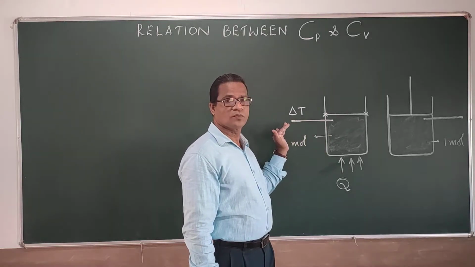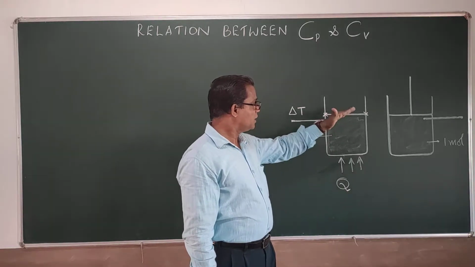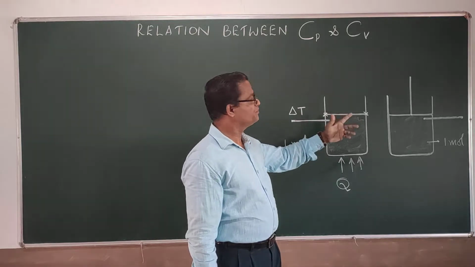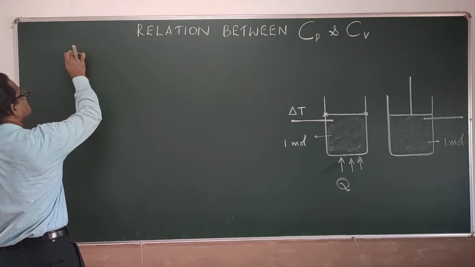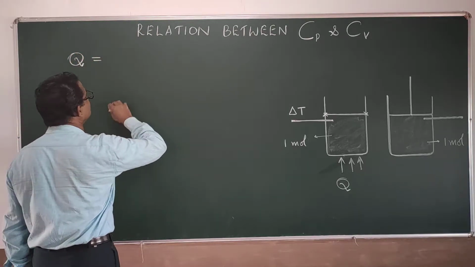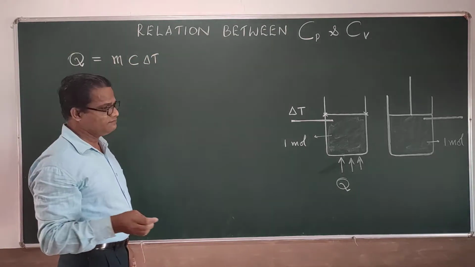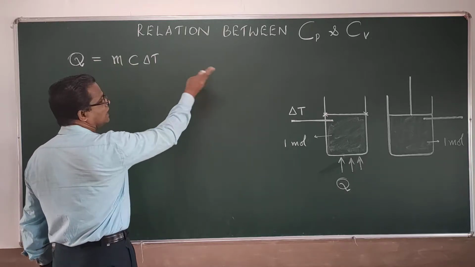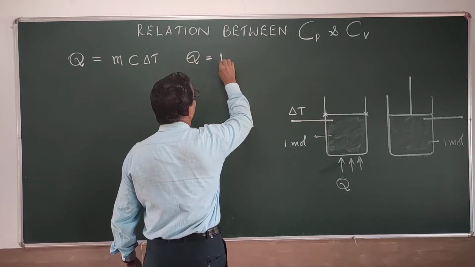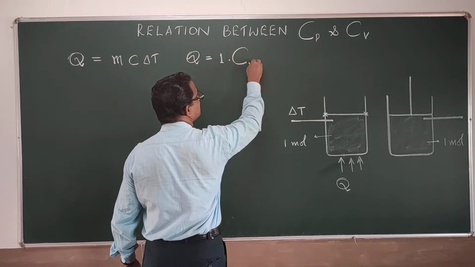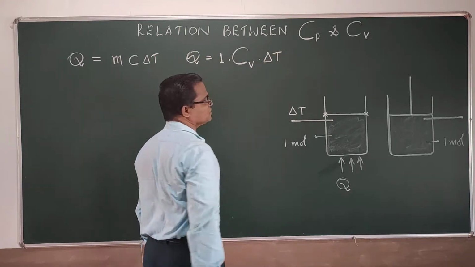Alright? 1 mole of gas, heat energy Q is given, and under constant volume it is heated. Then in this case I can write the equation for heat energy given to the system as m into C into delta T. This is the formula we already have, and here I write Q equal to 1 mole into molar specific heat under constant volume into rise in temperature.